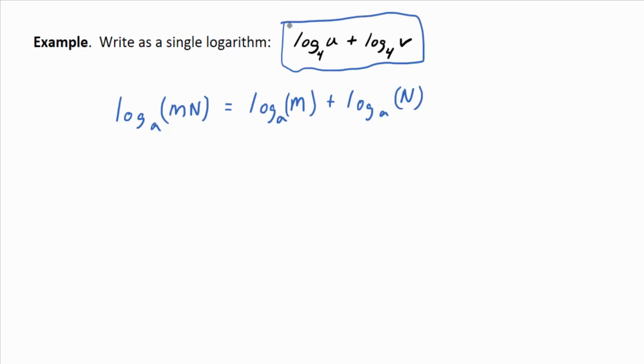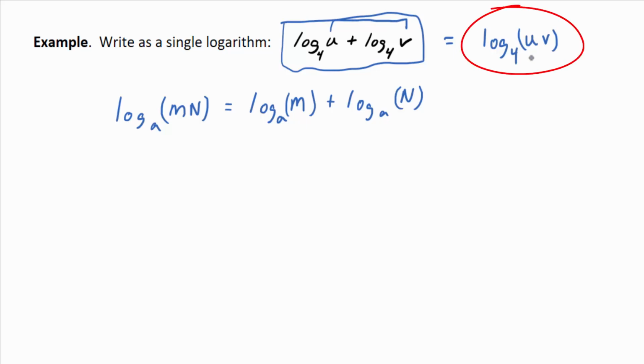Right to left. So what's the base there? Base 4. And what's acting like m? u. And what's acting like n? v. Okay, so apply the rule to log base 4 of u plus log base 4 of v to make a single logarithm. What do you get? You get log base 4, and you just take the product of the two inputs, u times v.